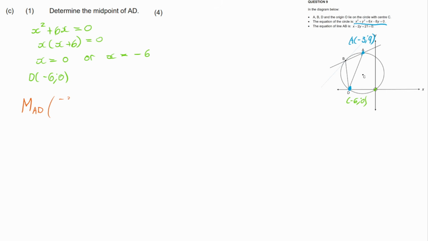So we say minus 3 minus 6 over 2, and we add our y's. So for that, we say 9 plus 0 over 2. And when we do that, we find that midpoint AD is given by minus 9 over 2 and 9 over 2. So that's our midpoint. You can leave it in fraction form, or you can put it in decimal form if you prefer.